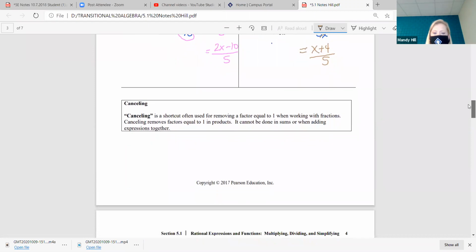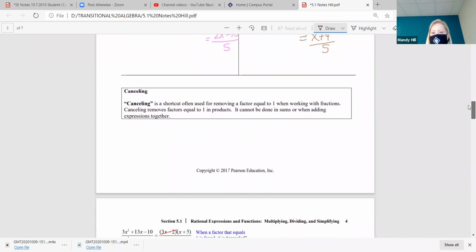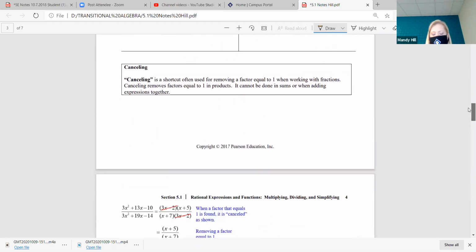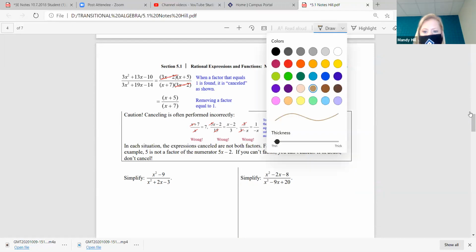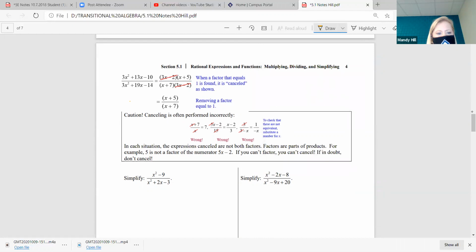Canceling is a shortcut often used for removing a factor equal to 1, which we just did a lot of, okay? So here is an example of a rational problem that has been worked out for you. When you look at this, they've taken 3x squared plus 13x minus 10, and they factored it. They also factored the bottom, and they noticed that when they factored it, they had something that was the same.